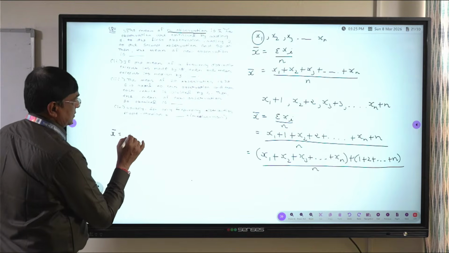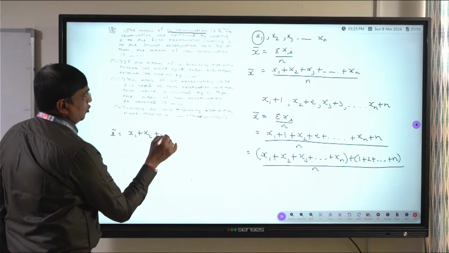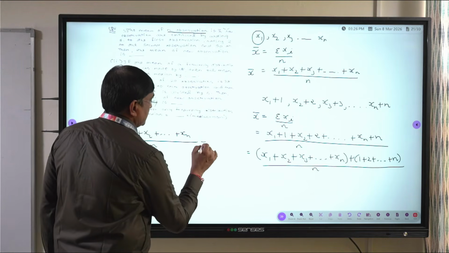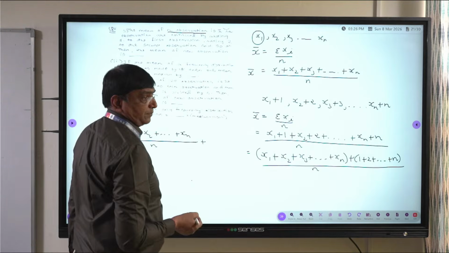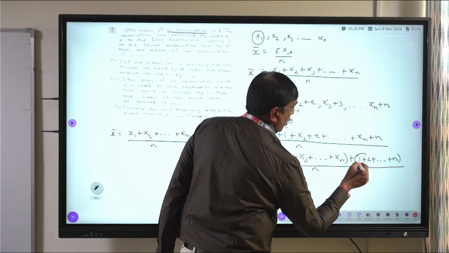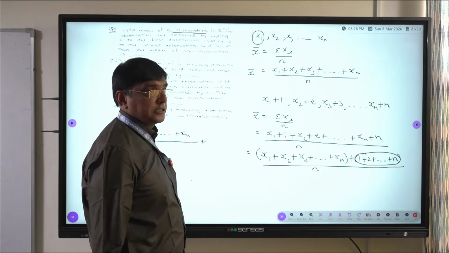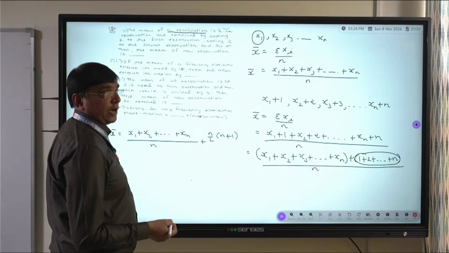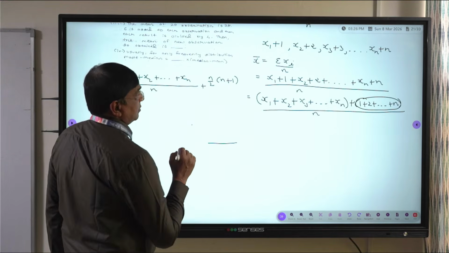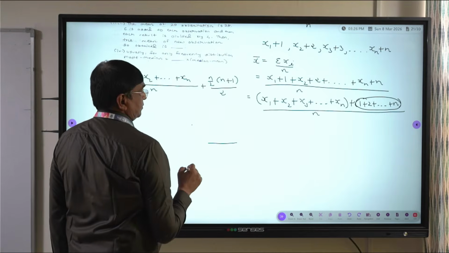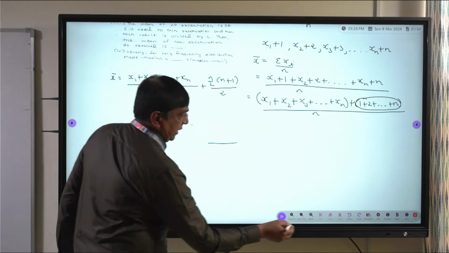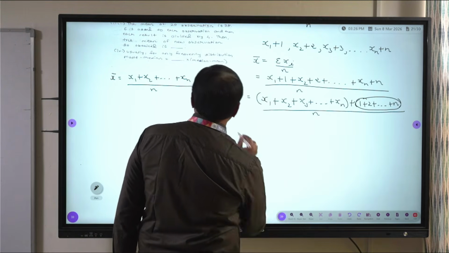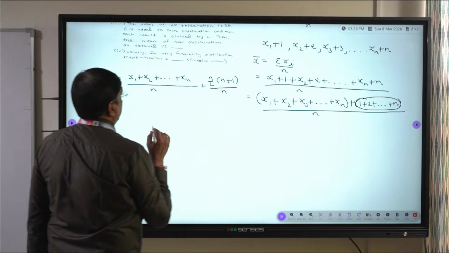New mean equals x1 plus x2 plus xn upon n plus 1 to n, that is sigma n, sum of all natural numbers, that is n by 2, n plus 1, done in chapter 5, upon n.